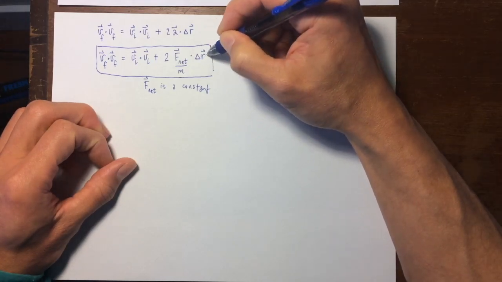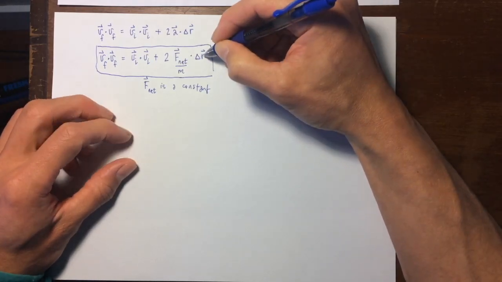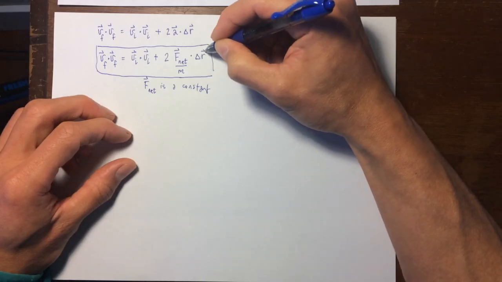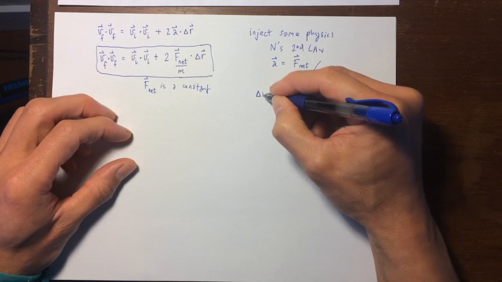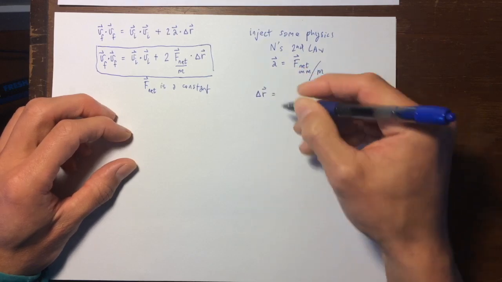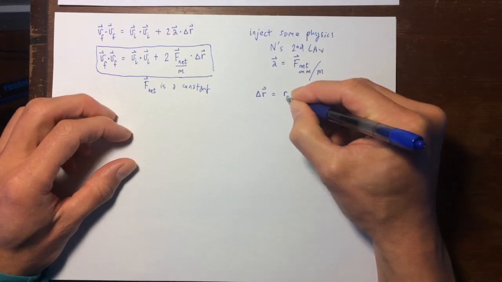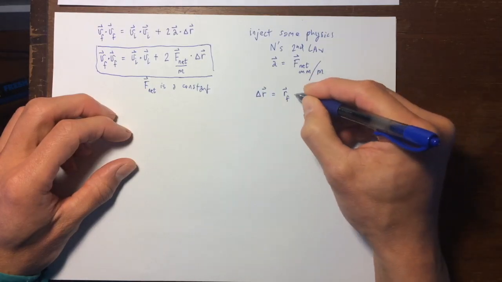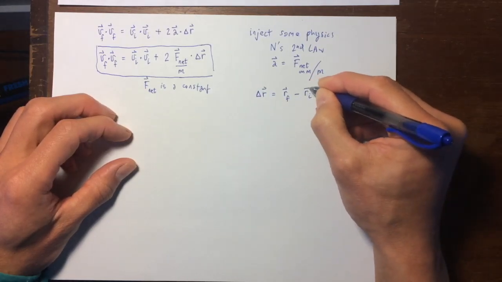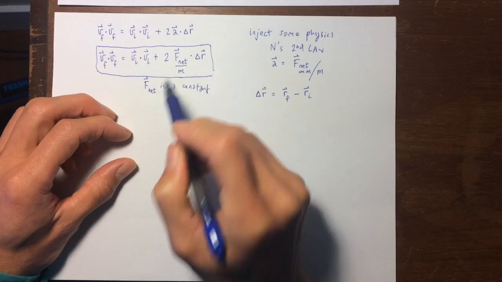This is describing the difference between the final position and the initial position of the mass. So I'll write that right here: it is the final position vector minus the initial position vector. That's what this delta r is.